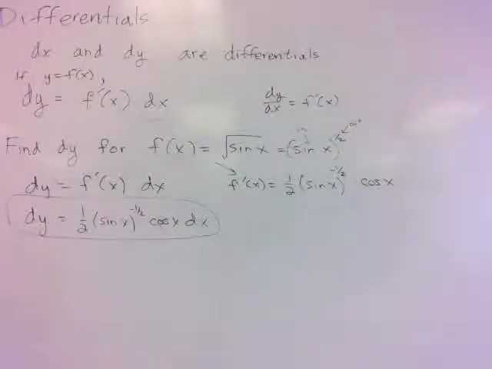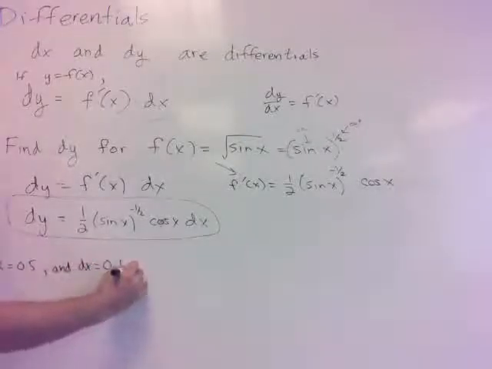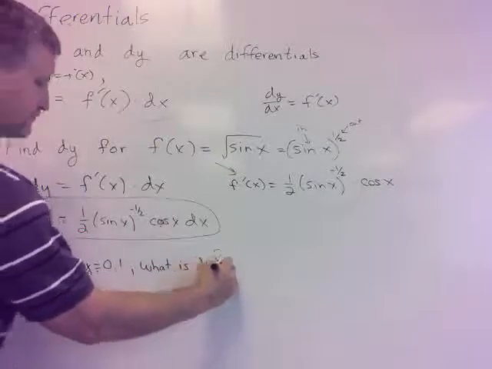All right, and really the next thing we'll do, we'll actually plug in numbers here. So let's say x is 0.5 and dx is 0.1. What's dy then for these?